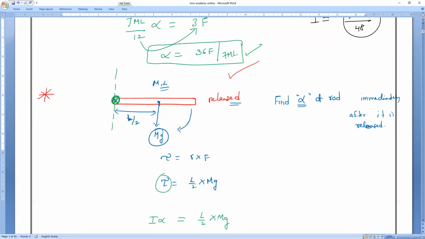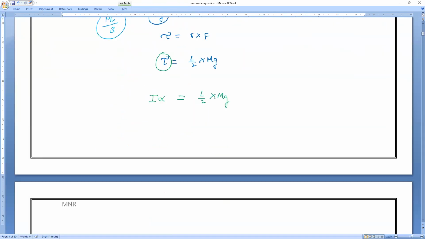What is I, the moment of inertia through the axis? I told you just now twice. At the axis of rotation, it is ML²/3. So ML²/3 into alpha equals L/2 into mg.